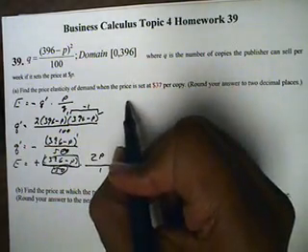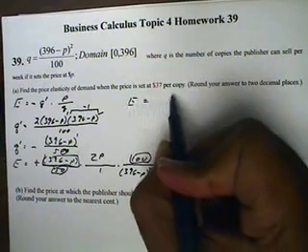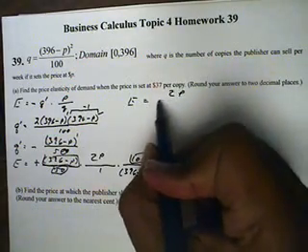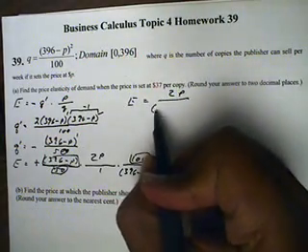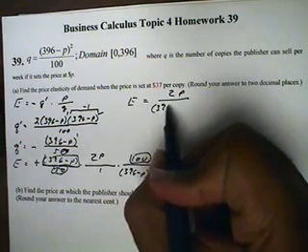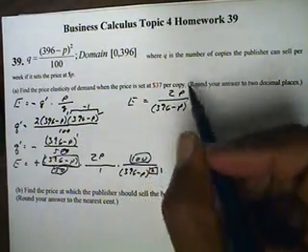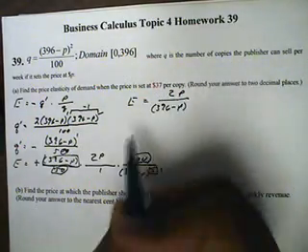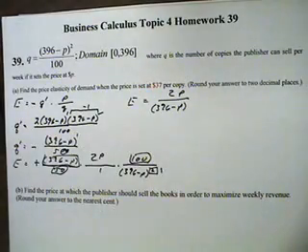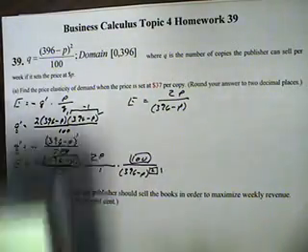Alright, so what we have is E equals 2P all over 396 minus P. And now we'll put $37 in here. So we'll pull out the calculator.